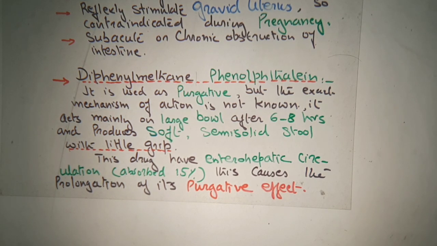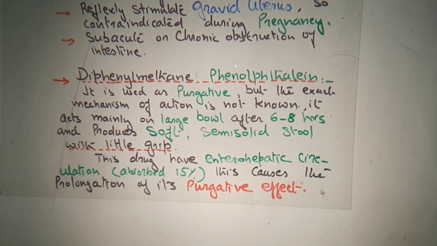Now next is the diphenylmethane phenolphthalein. Phenolphthalein is simple, you know that it is an indicator which you have used in your laboratories during acid-base titration. So when phenolphthalein is added as an indicator, at the end you get the pink color that shows the end of the titration, that is, neutralization of the acid and base.